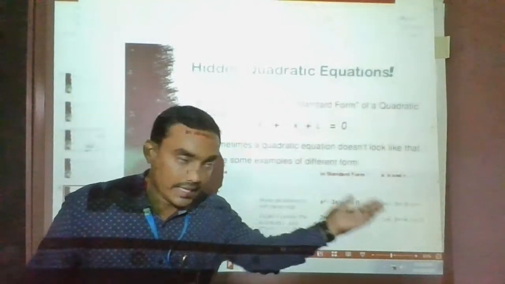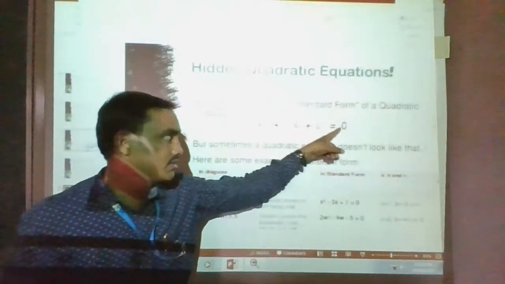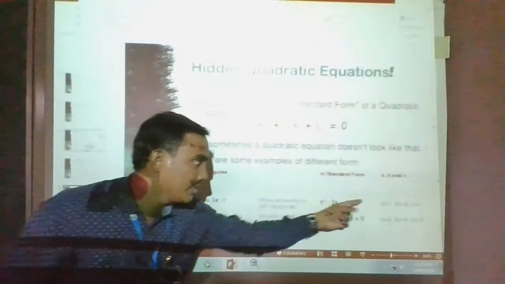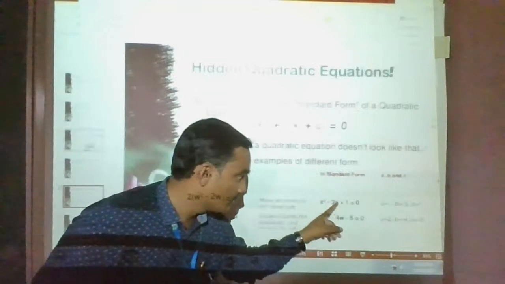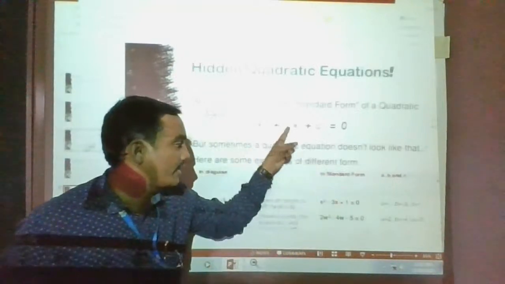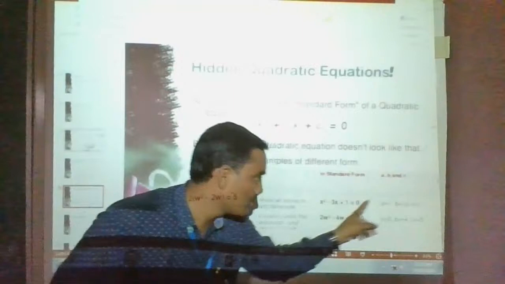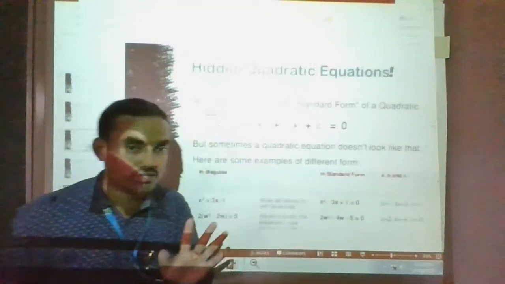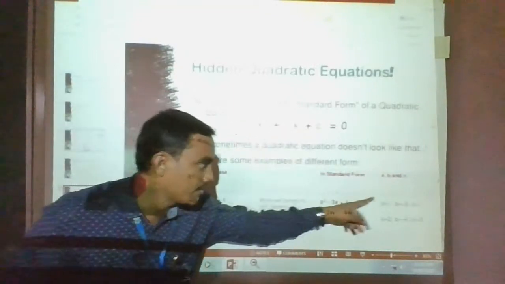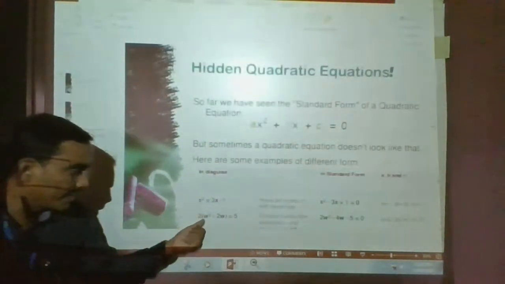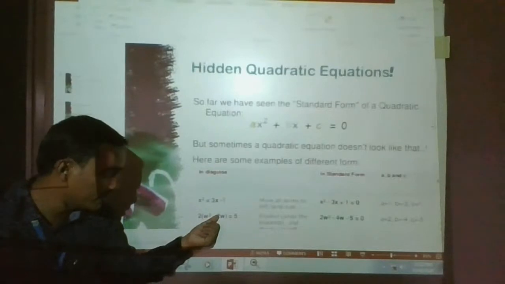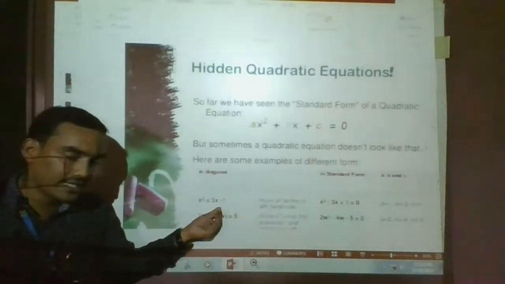Now it is in the form ax square plus bx plus c is equal to 0, where a is 1, since if there is no number it means 1, and b, the coefficient of x, is minus 3. The constant c is 1.